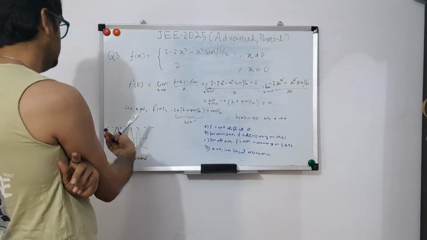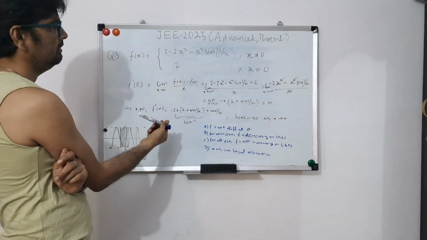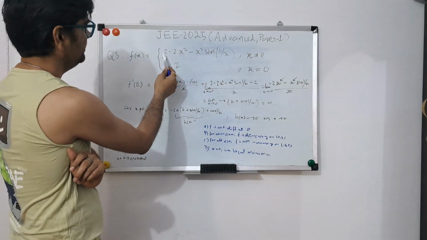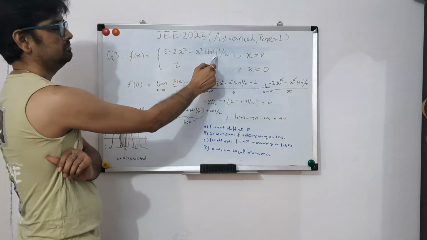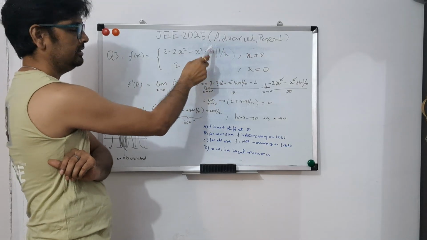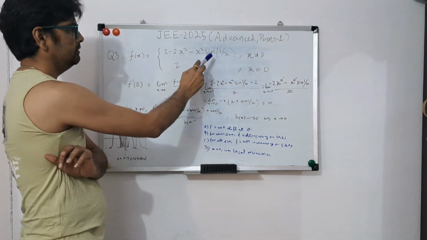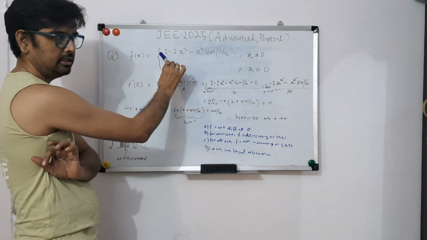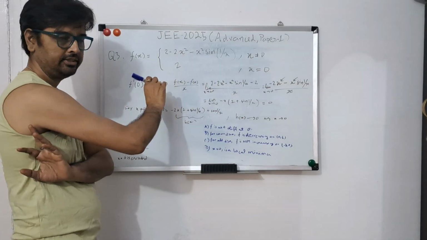There we can simply differentiate as usual because all these quantities are defined for x not equal to 0. Sine of 1 upon x is defined for all x not equal to 0. There is no problem in differentiating this expression when x is not equal to 0.